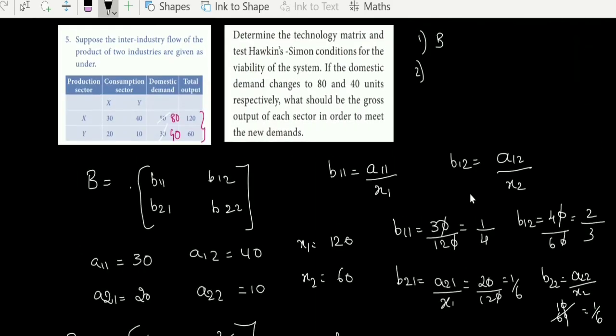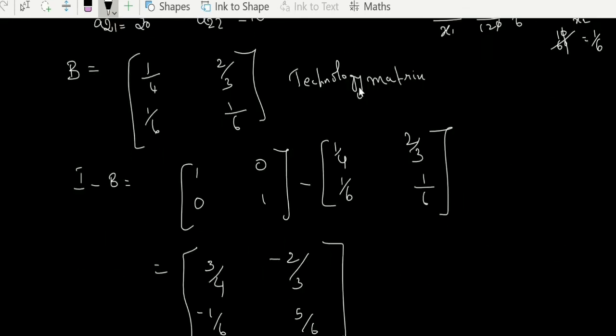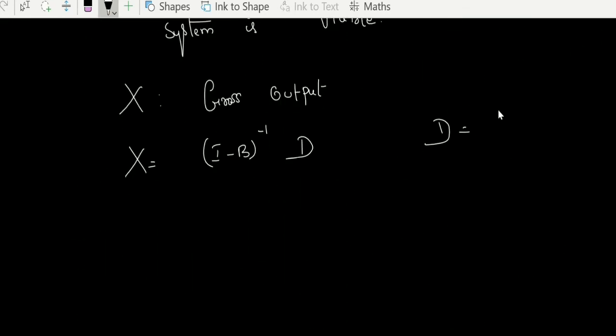Don't by mistake take the old one. Domestic demand changes to 80 and 40. That is your demand. So demand is 80, 40. Now we have to find I minus B inverse.